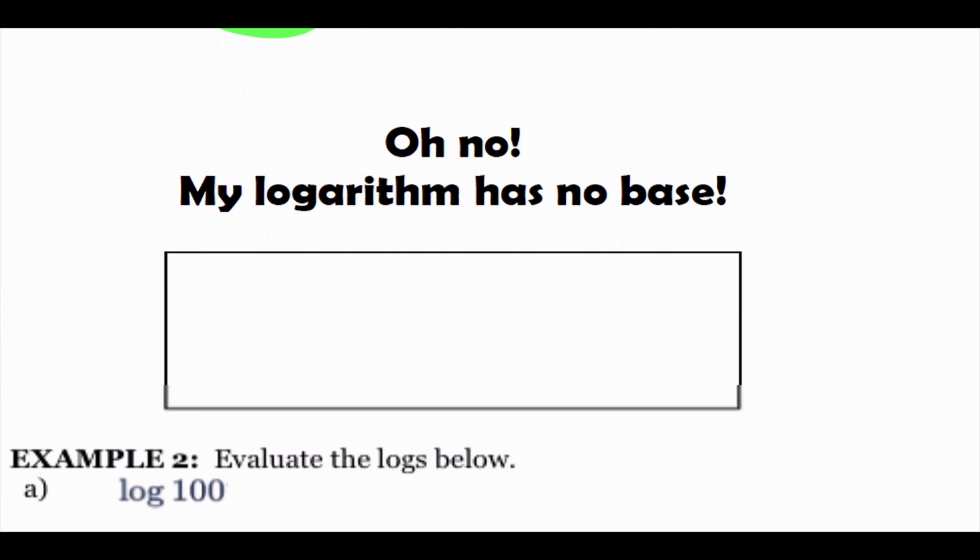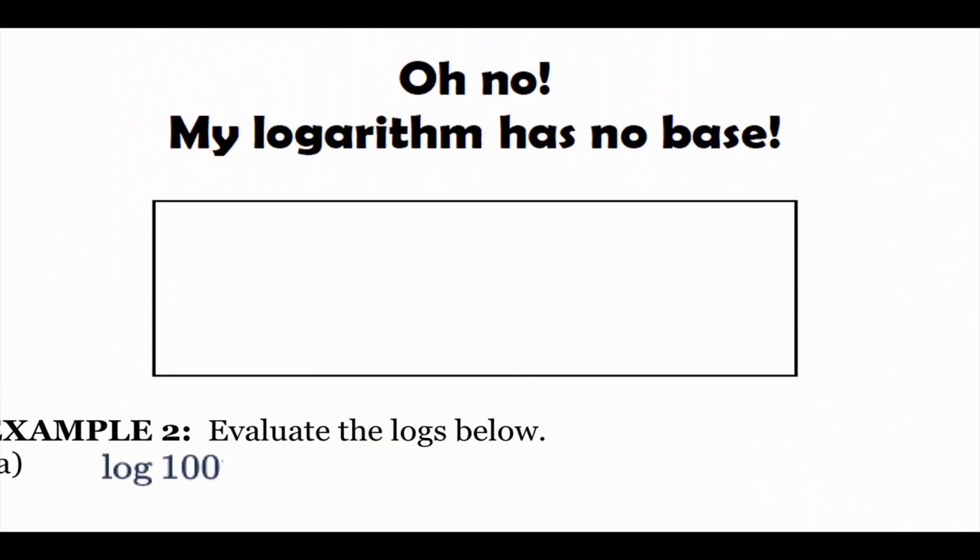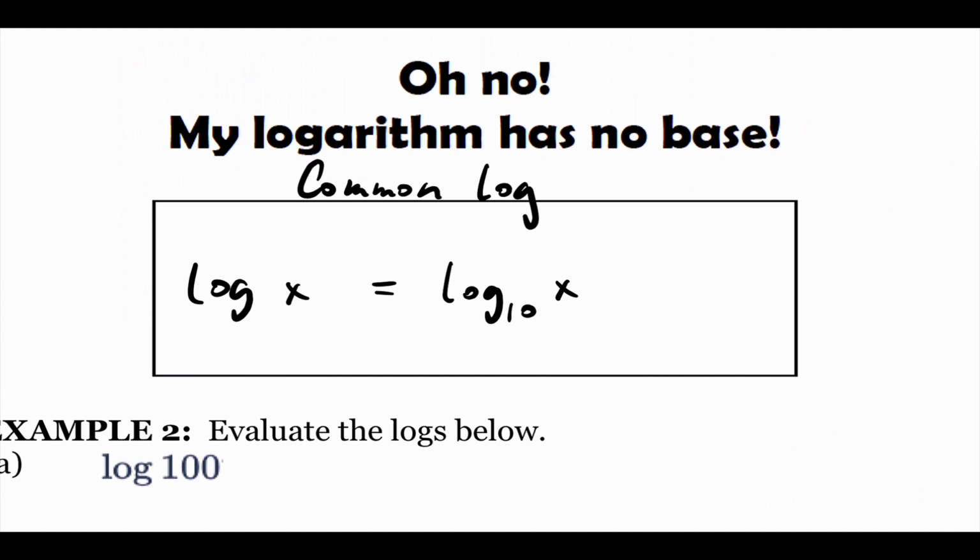Okay, so the next thing. Sometimes you'll have a log without a base. There won't be a base down there. Well, if you have a log without a base, the base is actually 10. It's called the common log. Any other base, they'll write it in.